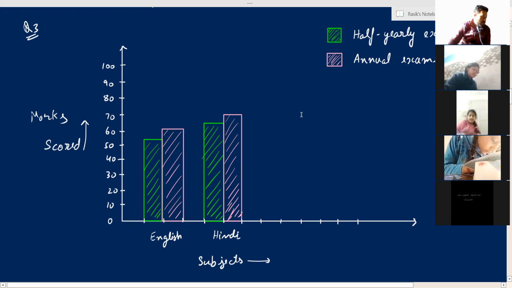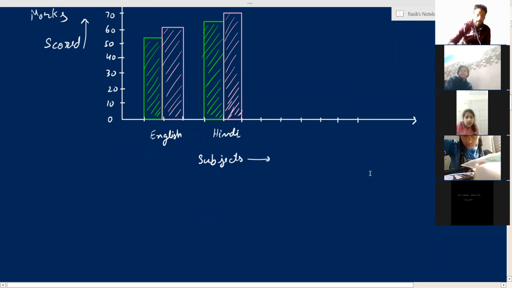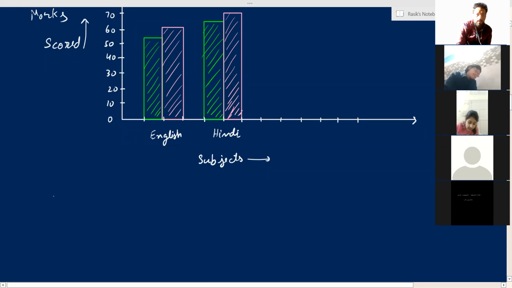Find his average score in the annual exams. Do you remember the formula of average? Sum of all the numbers upon total numbers.